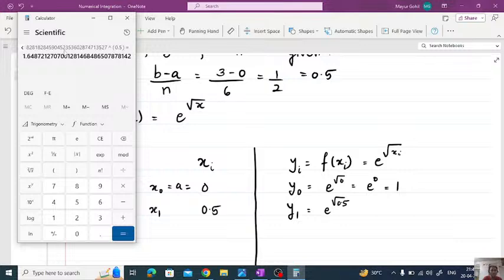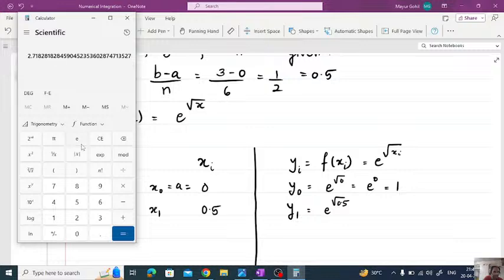I think there is some error in this. Wait a minute. Some error is coming. Answer is 2.028, but I am not getting it here. Let me check.